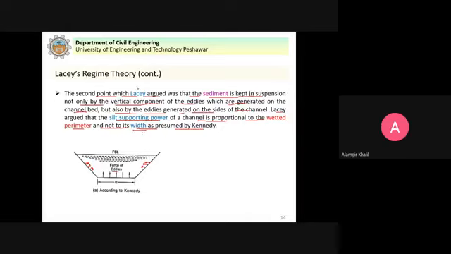But Lacey argued that the silt supporting power of the channel is proportional to the wetted perimeter. According to Lacey, the eddies which are generated from the bed of the channel as well as from the sides of the channel are responsible to keep the silt, the sediments, in suspension.